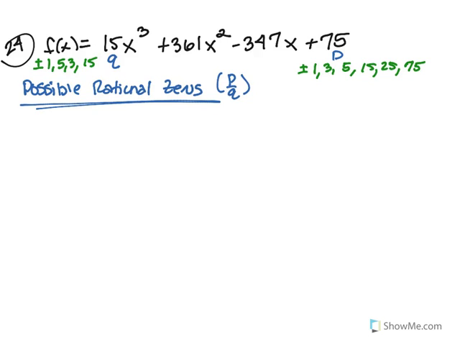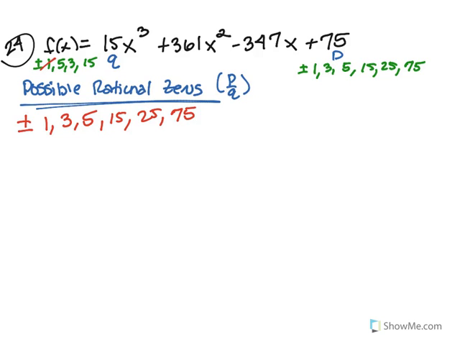So if you're going to put all of your P's on top of your Q's, you're going to have some stuff in common. So you want to make sure you got them in the lowest form. And you got plus or minus on every one of these numbers, okay? So we do know our tops, our whole numbers, are going to be 1, 3, 5, 15, 25, and 75.